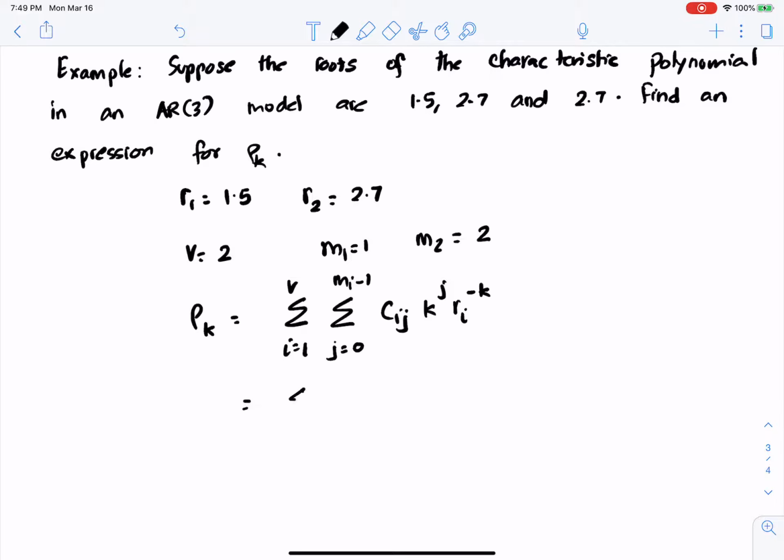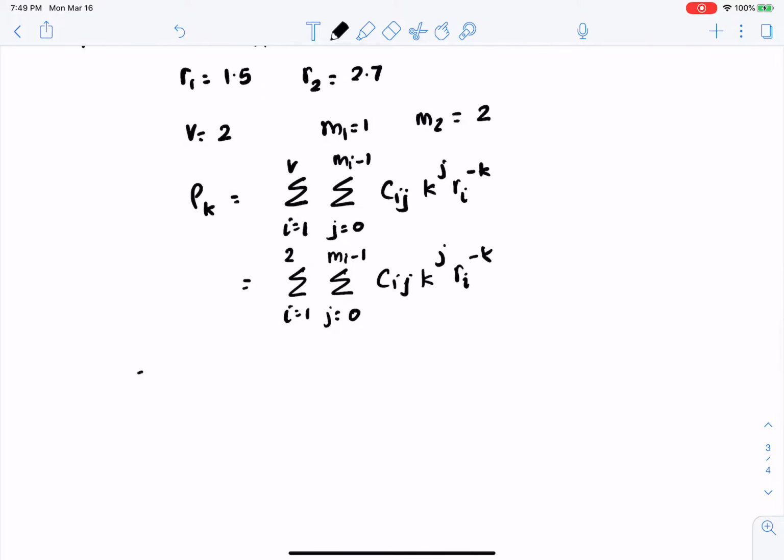So i equals 1 to 2, j here 0 to m_i minus 1. So when i is 1, j is 0 to m1 minus 1.